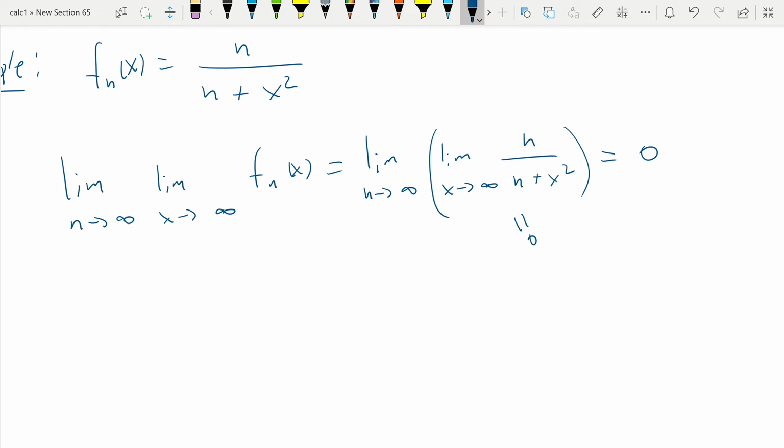And so that's what makes this convergence not uniform. The bigger the n, the bigger the x you have to pick to guarantee that this expression is going to be smaller than a given epsilon.